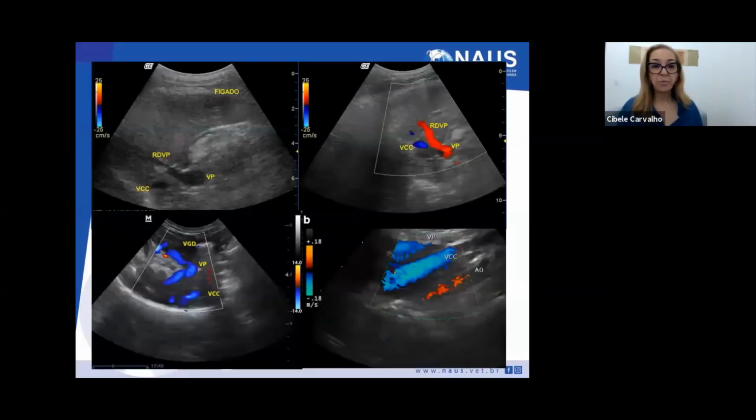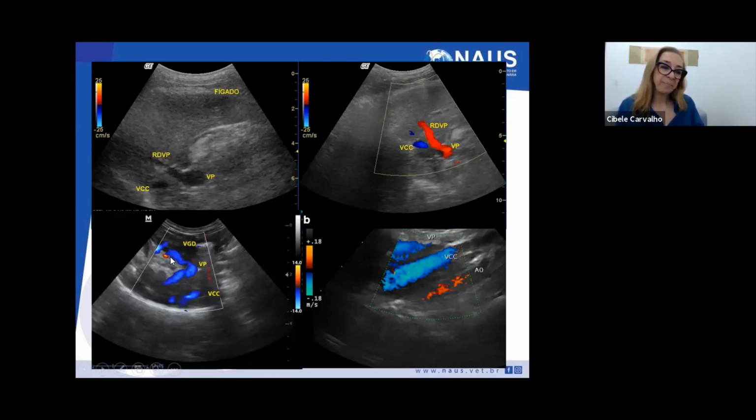In sagittal planes that we can obtain in the paracostal window, we also see the portal vein and caudal vena cava. We can observe here the caudal vena cava and a right branch running directly to the probe, to the sound.